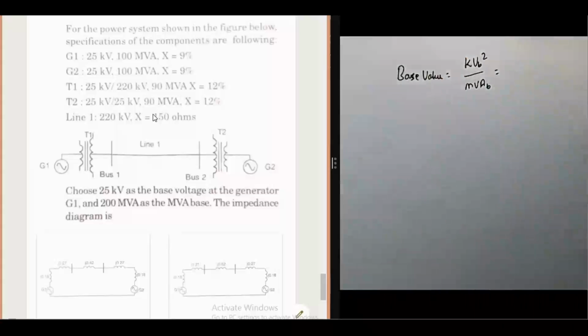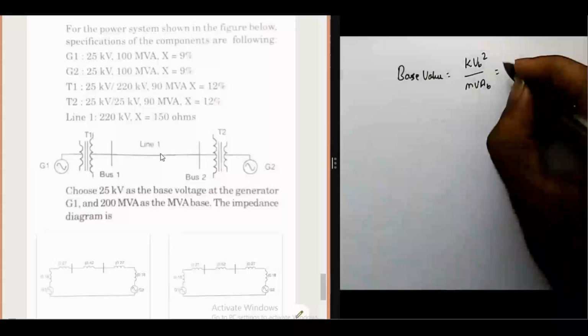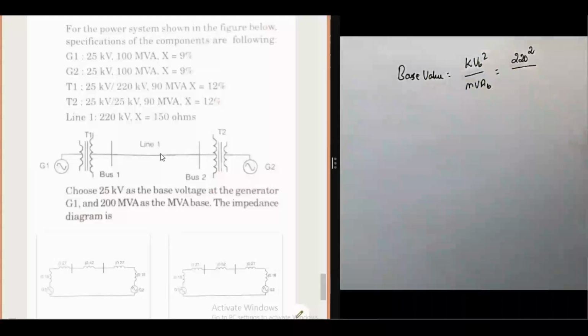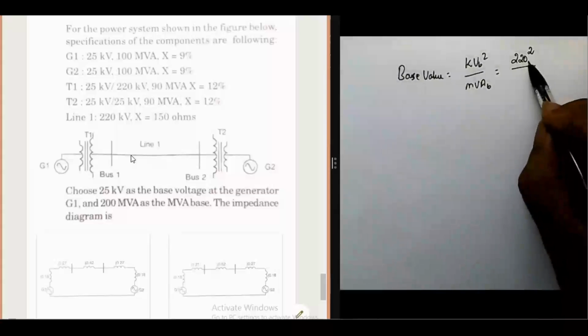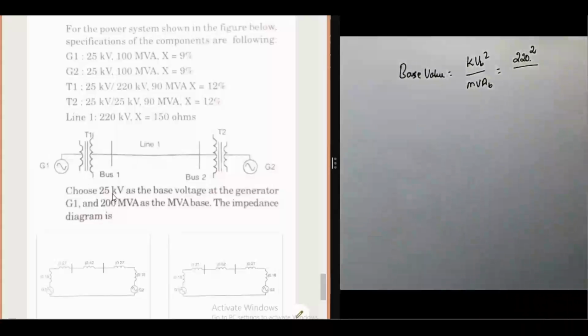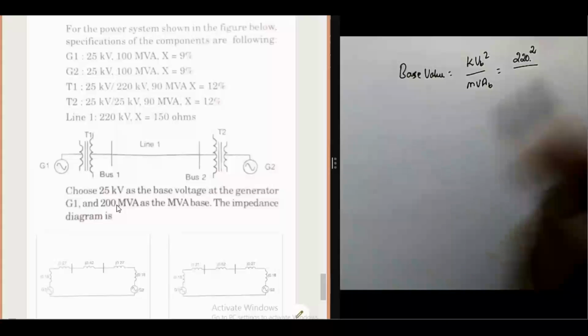Here in case of the transmission line, the voltage is 220 square. The base value does not change because the 25 kilovolt voltage is converted into the secondary side, so that base voltage is also 220 kilovolt. The old value and the new value both are 220. Here I take the new value. The new base value is 220 kilovolt, the whole square, divided by MVAb new, which is 200.